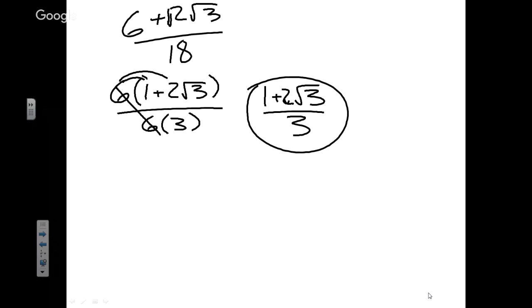Cool. So then looking at the next problem, number 3 was negative 2x to the 4th minus 10x squared equals negative 8x to the 3rd. So is this in standard form?